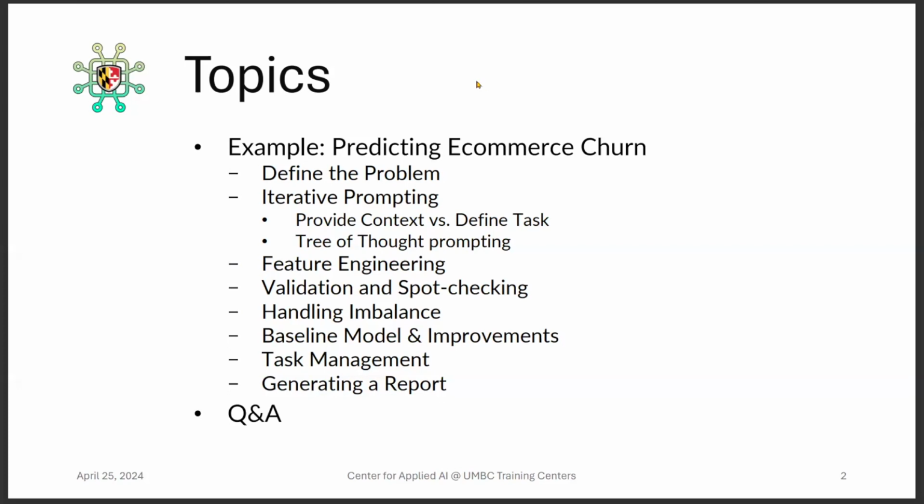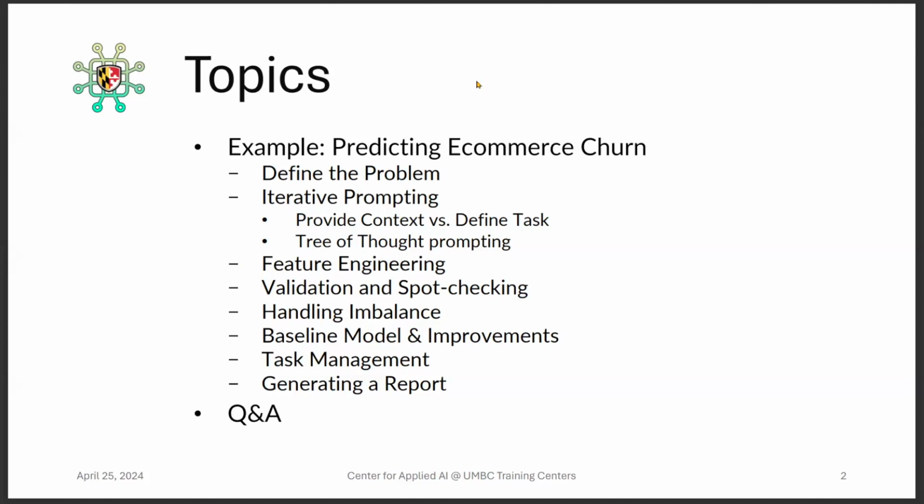Then we're going to use very sophisticated tree of thought prompting, which is very powerful for more complicated interactions with a chatbot. I'll talk a little bit about feature engineering: how do we enhance the data set?